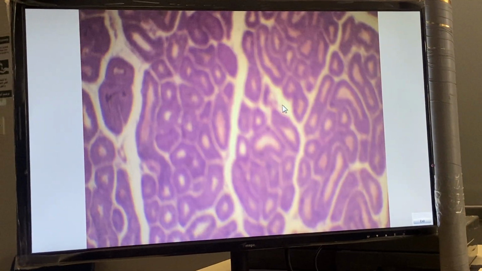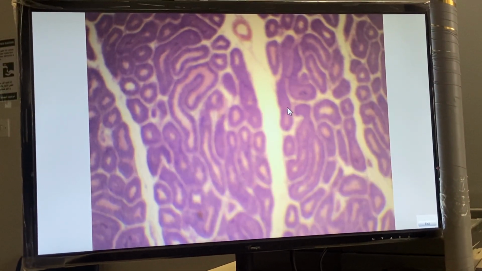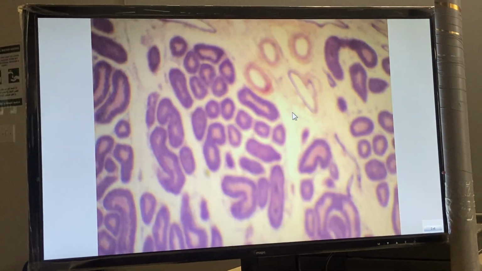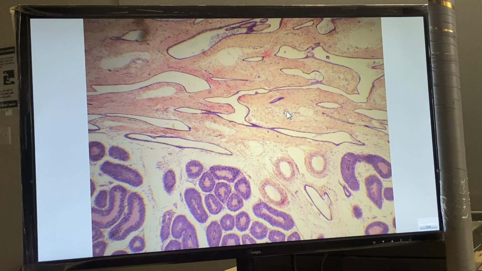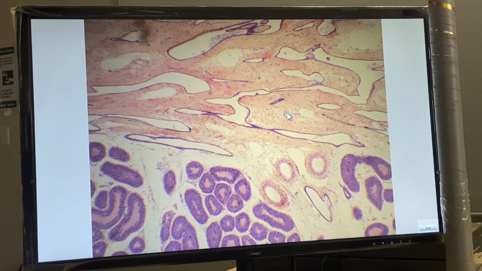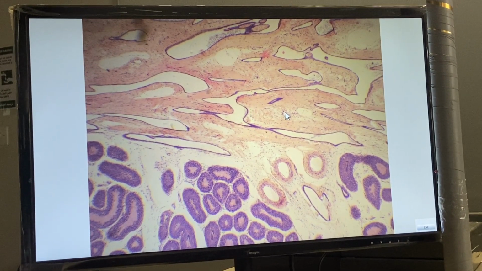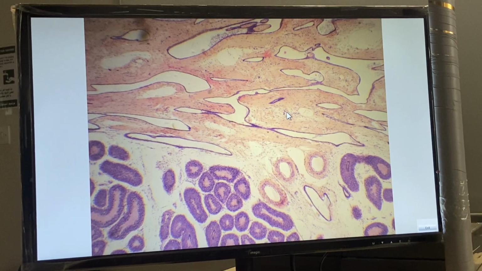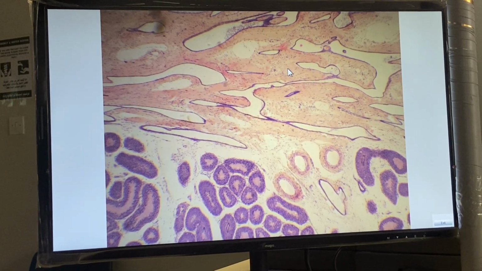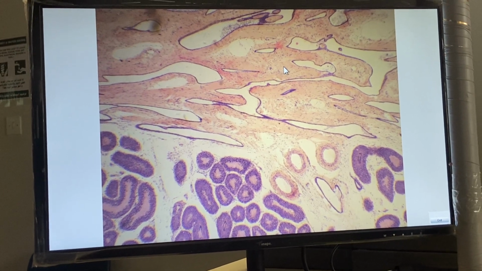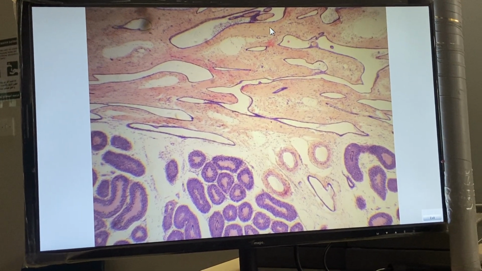This slide is section in the testes, the first part of the male reproductive system. Each testis is surrounded by connective tissue capsule called tunica albuginea. Tunica albuginea thickens on the posterior side, forming the mediastinum testis.